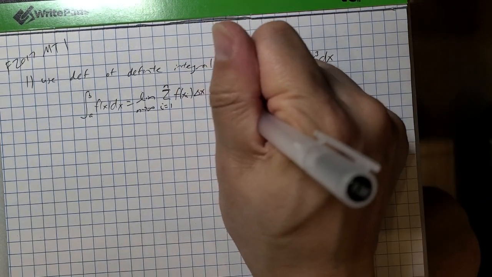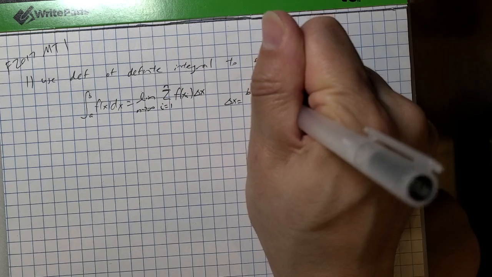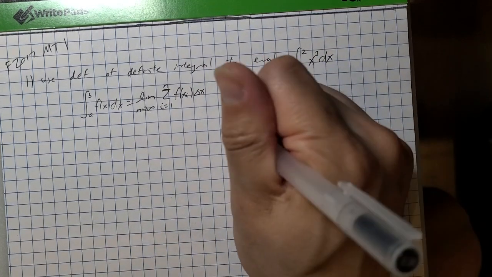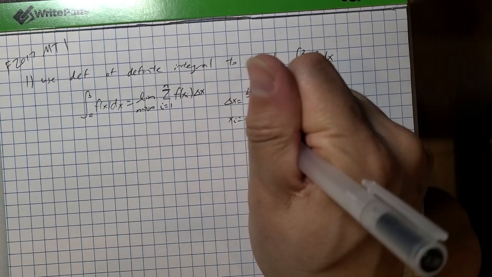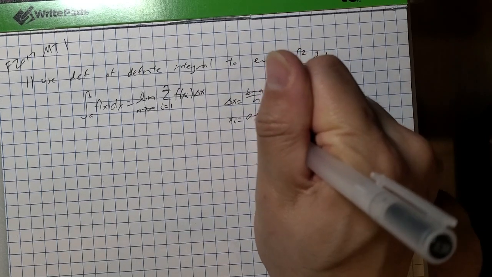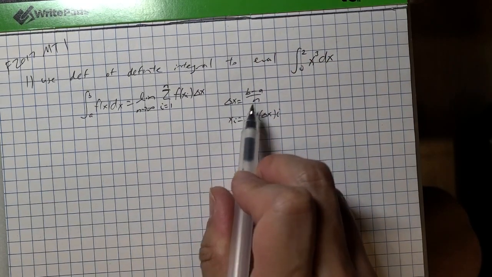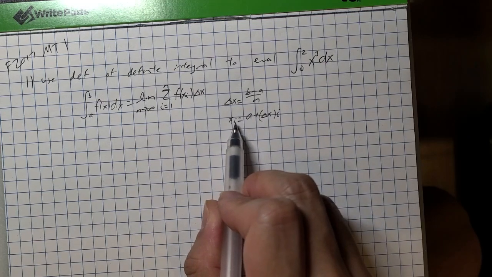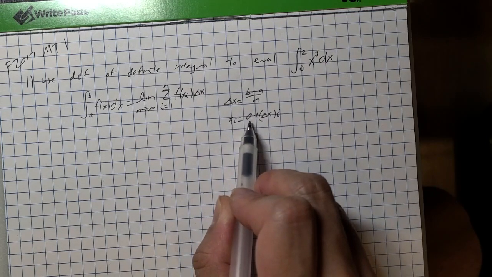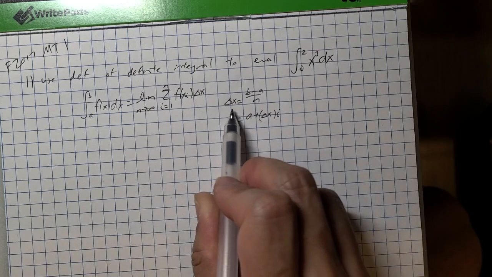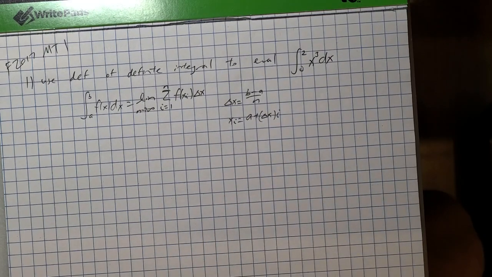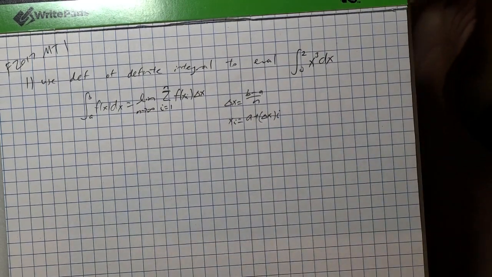Recall that delta x is (b minus a) over n, and x sub i is a plus delta x times i. Delta x is the width of the rectangle, and x sub i is the sample point. We start from the leftmost point a, and we increment by widths of our rectangles. That's how I remember it.